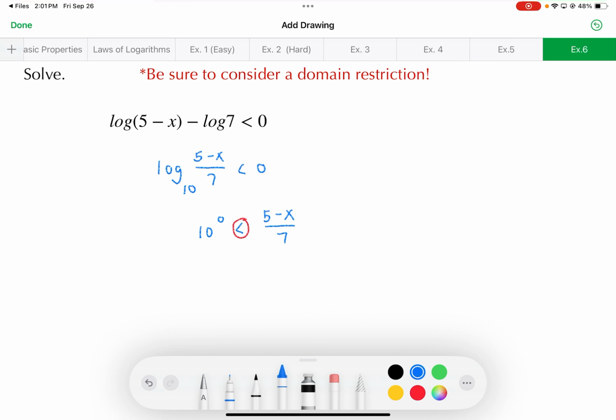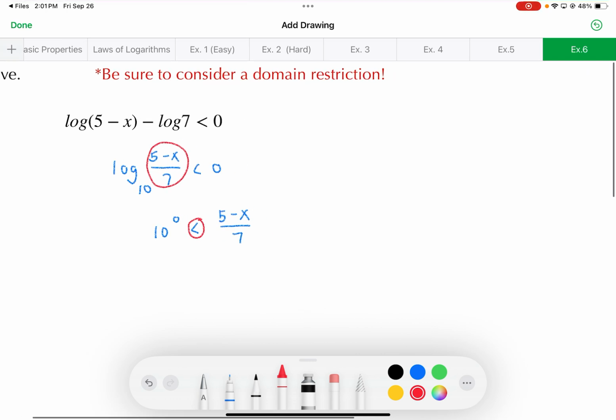Okay, well, think about your argument here is 5 minus x over 7. Let's try to simplify that for a moment. Let's treat this like log base 10 of just a is less than 0. And let's think about some different values that would be useful for us to plug in for a.